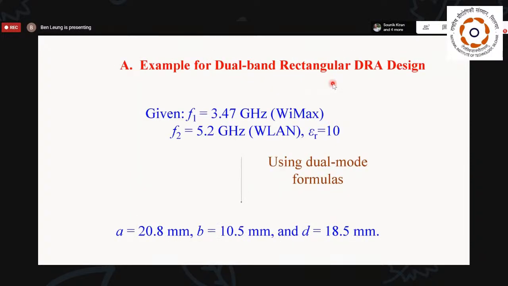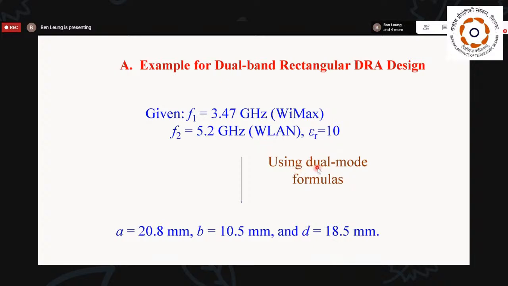Okay, this is an example of using our formulas. Suppose we want to design a dual band rectangular DRA with frequency F1 equal to around 3.5 gigahertz for the WiMAX frequency, and the second frequency is 5.2 gigahertz for wireless LAN frequency, and we are given a material of dielectric constant equal to 10.